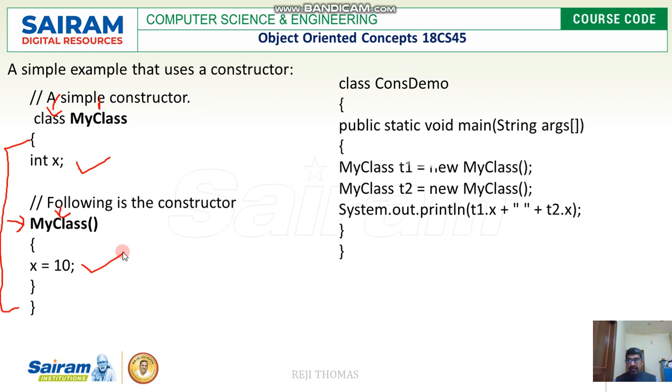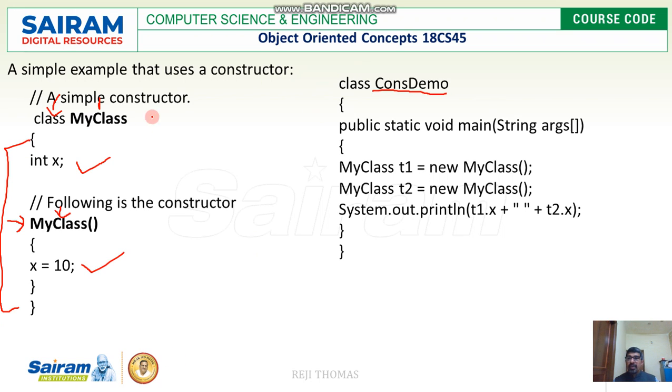Now look at my second class. Please remember this is my second class and I named it ConsDemo, constructor demo. This is the class name. Before we proceed, please remember that this file contains two classes.